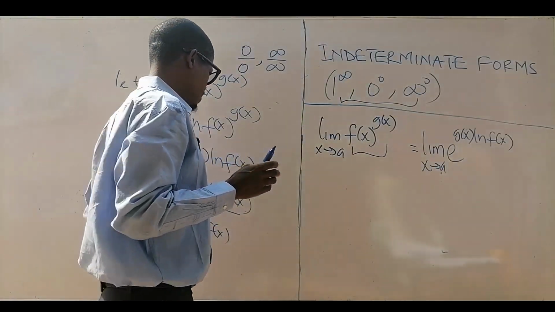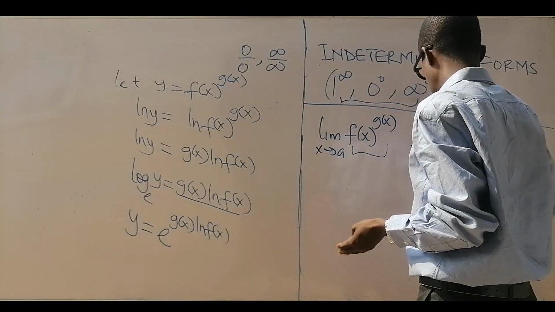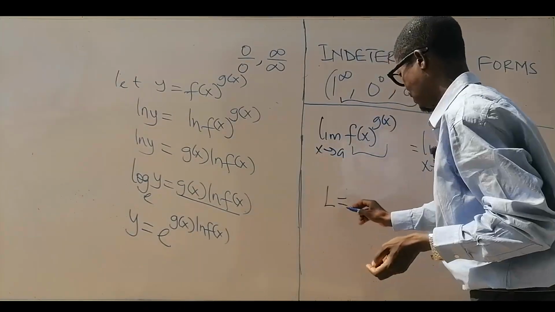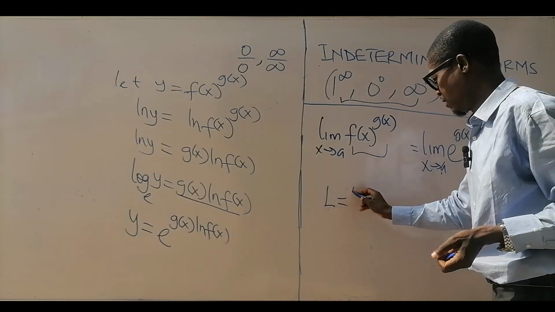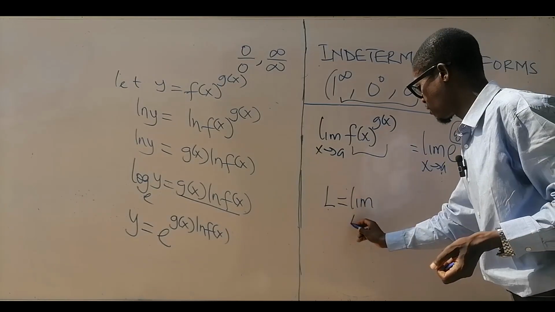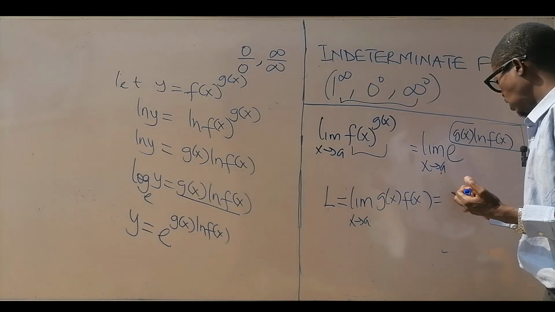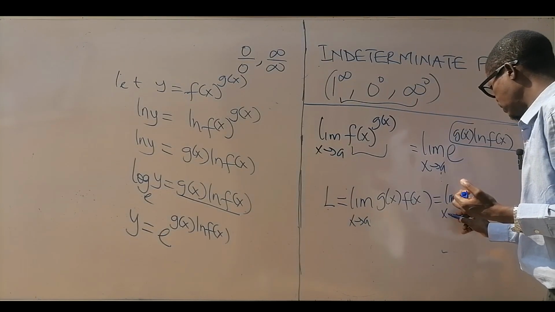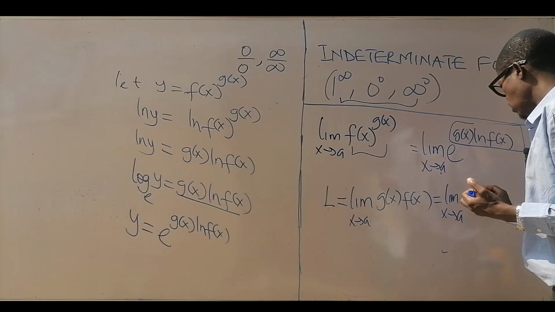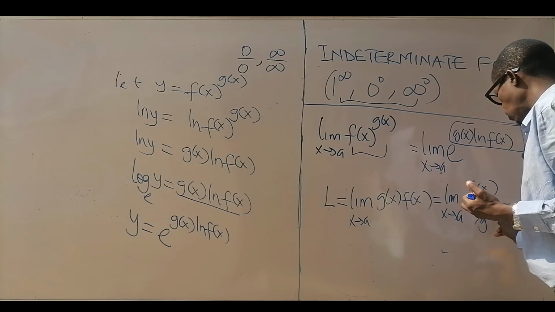Since we have established that this is this, the next thing to do is to let L be equal to the limit of this power as x tends to a. That will be the limit as x tends to a of f of x all over 1 over g of x.